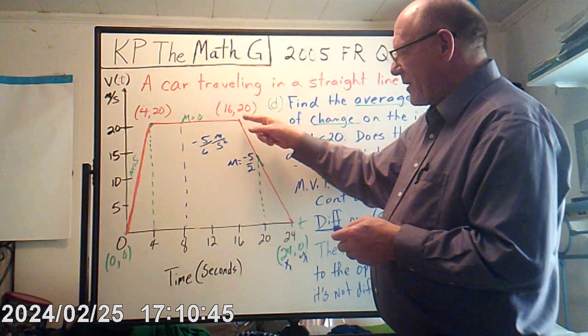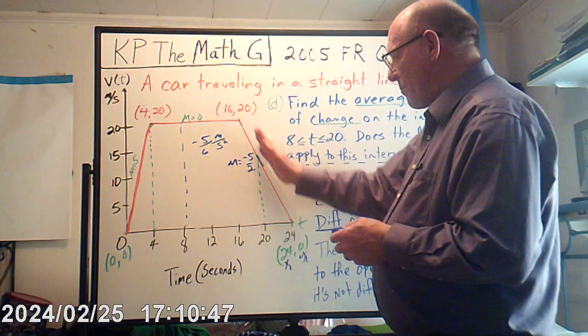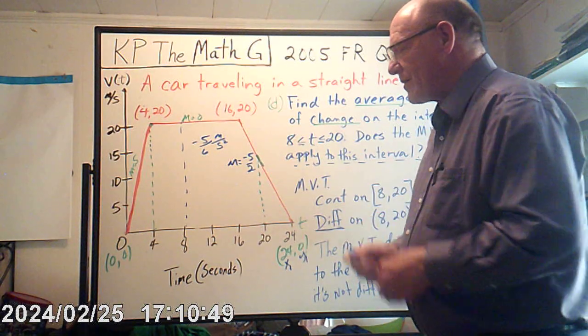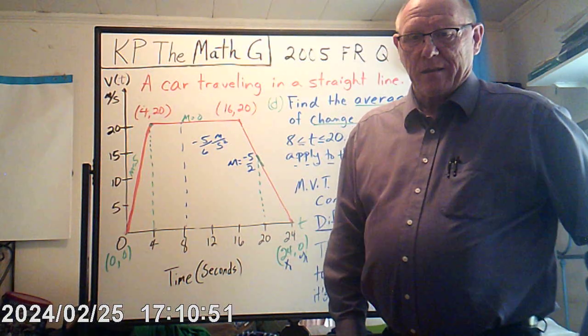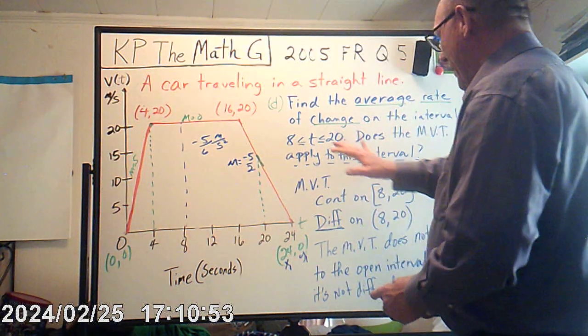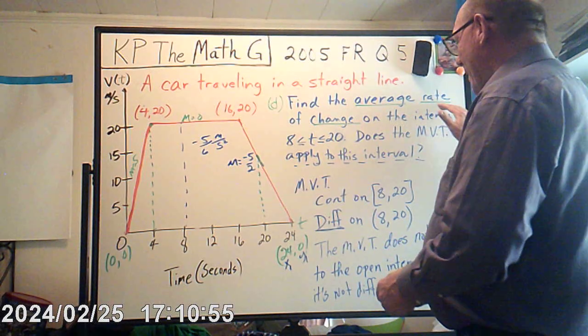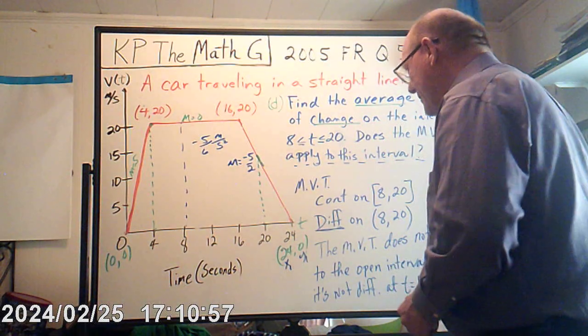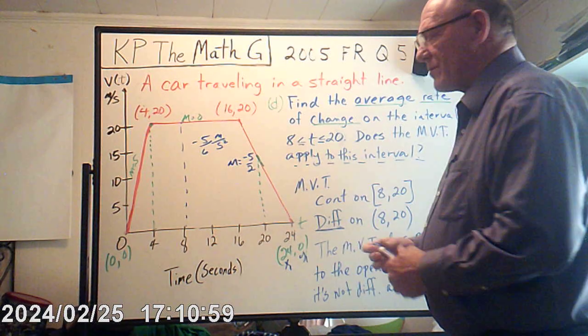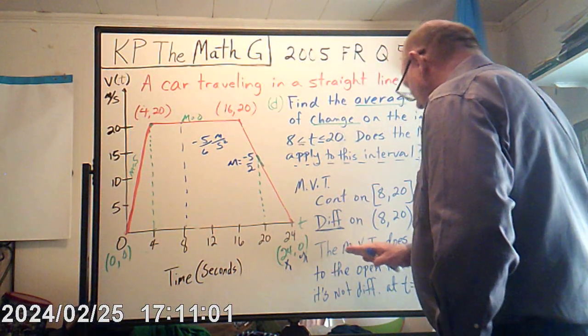This slope is 0 to the left. This slope is negative 5/2 to the right. Now again, as we saw, we can find the average rate of change on the closed interval, but we cannot guarantee.